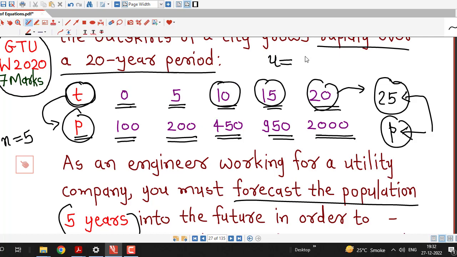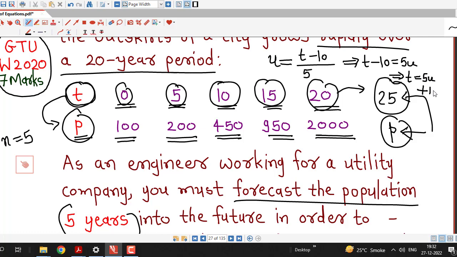So we can write u equal to t minus middle value divided by the difference between successive values of t, which is 5. So I can consider change of origin and scale. I can define new independent variable u by t minus 10 divided by 5, so that t minus 10 will be equal to 5 times u and t will be equal to 5 times u plus 10.